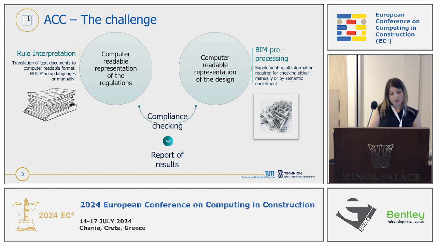Okay, so there are two main concepts within the idea of automated code checking. We have the regulations on one end, and these are text documents that have to be somehow translated into machine-readable representations. On the other hand, we have the design, and the assumption here is that the design is given as a BIM model.